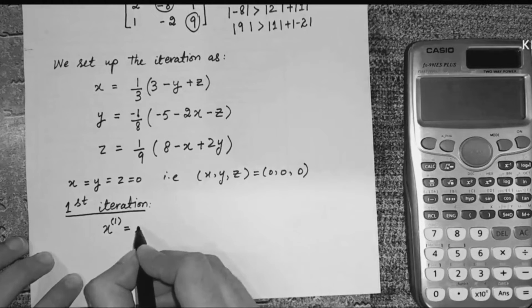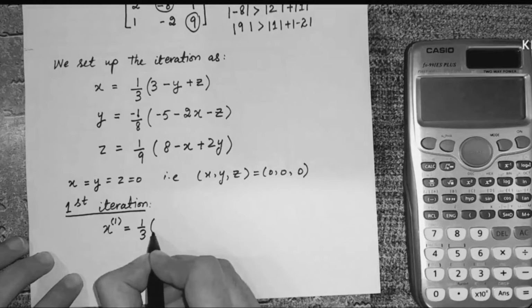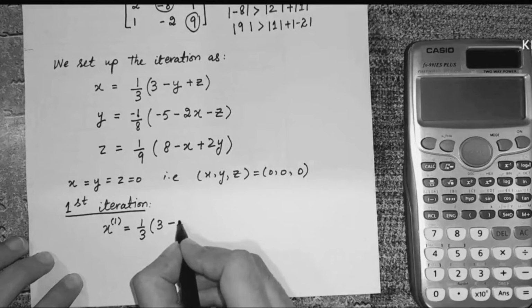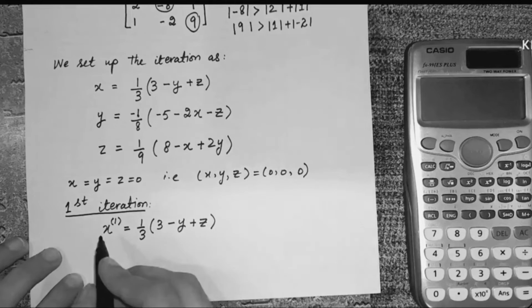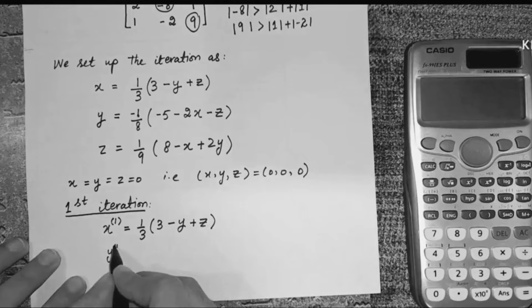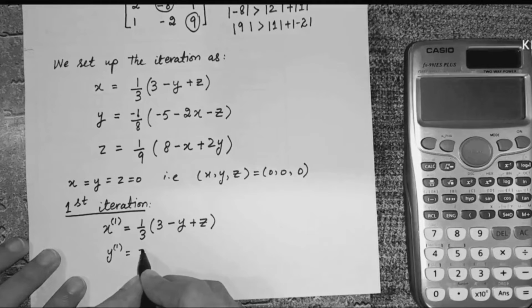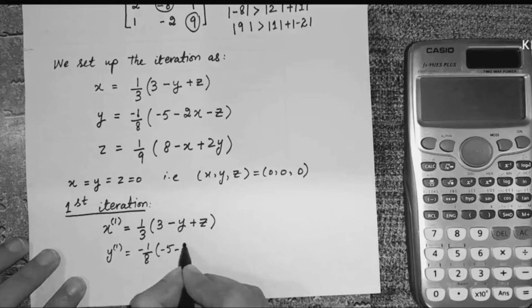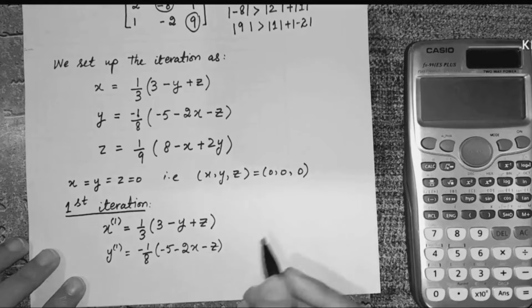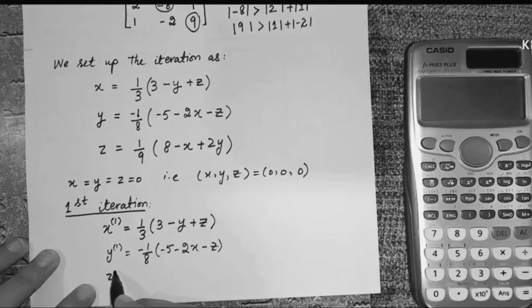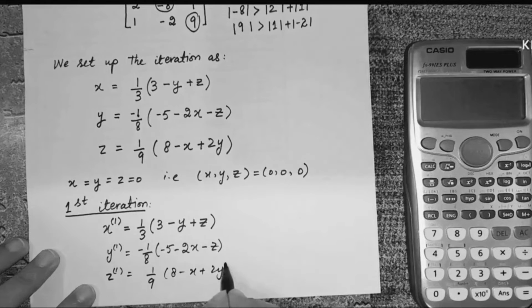This is equal to 1 over 3 times minus y plus z, and y is equal to minus 1 over 8 times minus 5 minus 2x. I'm just writing it down, then we will put in values and calculate. z is equal to 1 over 9 times 8 minus x plus 2y.